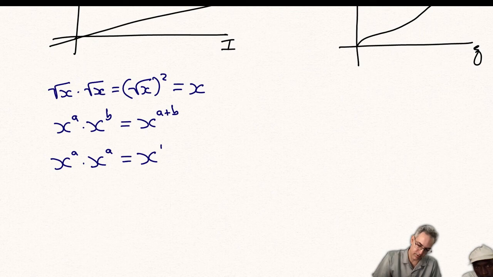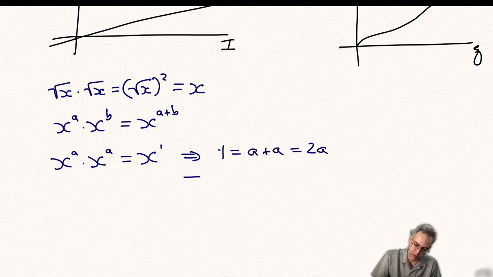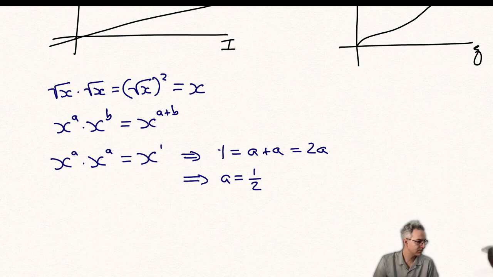In other words, 1 should equal a plus a, which is 2a, and therefore a is equal to 1/2. That's why we're coming up with 0.5. So x to the 1/2 equals square root of x.